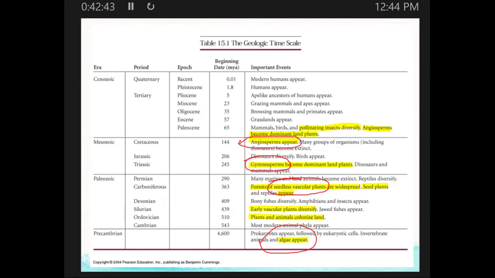And then you can see they're tracking where the pollinators are showing up. So they're tracking this pretty well through the fossil record. Very painstaking work in order to piece it all together. And you can see we don't show up until quite a bit later.